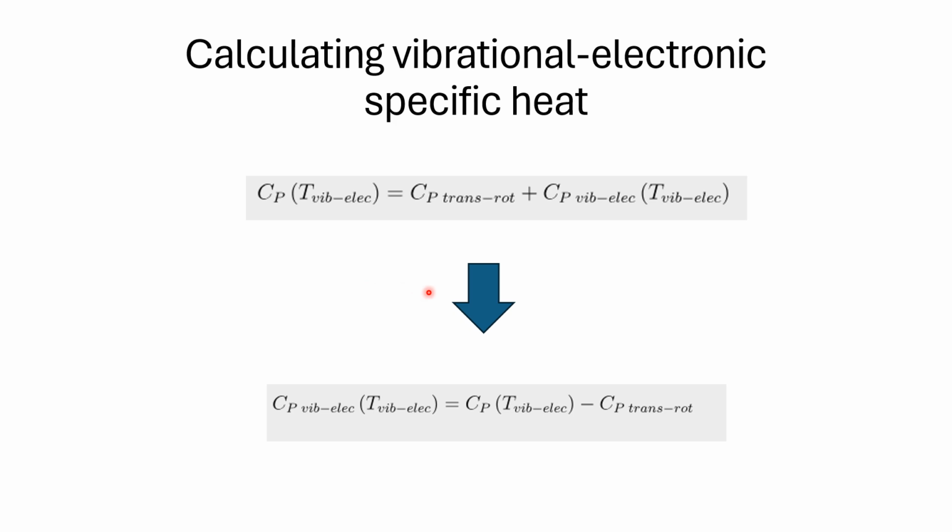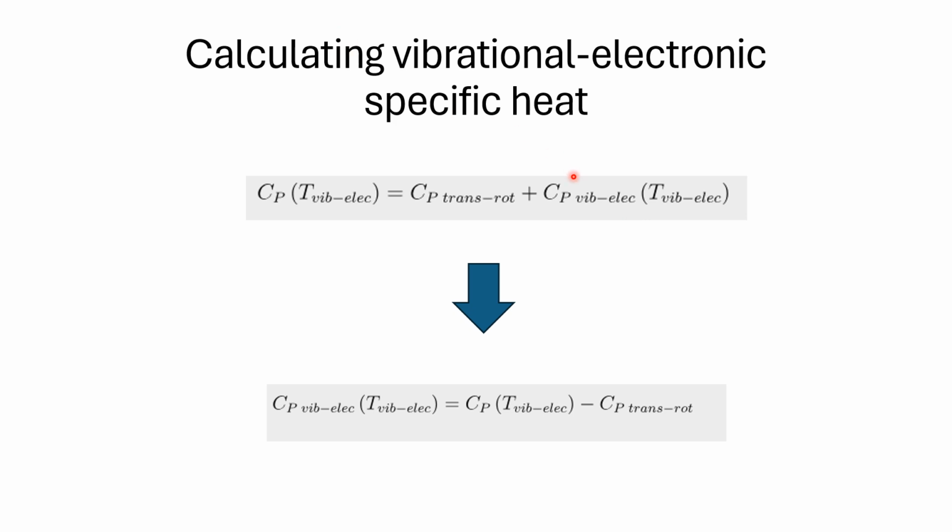It would be the summation of the translational rotational mode and the vibrational electronic mode, as seen in the first equation on the page. So there are three terms here: the total Cp, the specific heat at a temperature, is equal to the sum of Cp translational rotational plus Cp vibrational electronic mode.